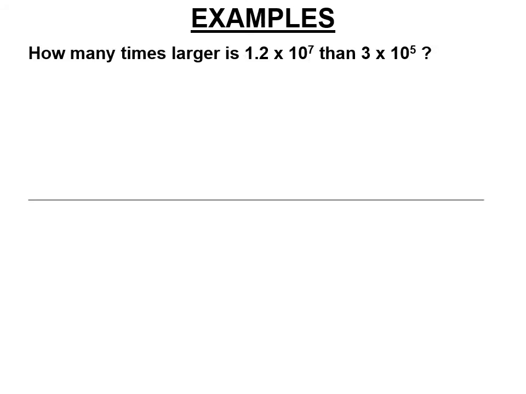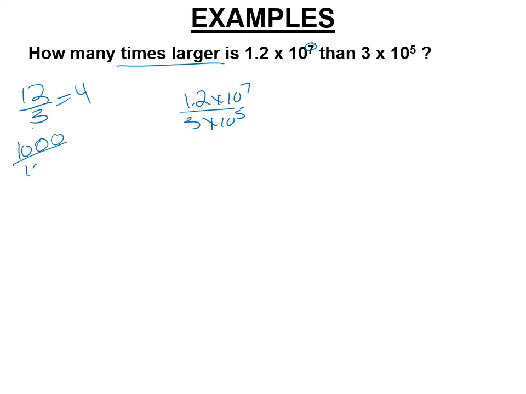All right, how many times larger is, so whenever you see this times larger business, this is a division problem. And you put the bigger number up top, the one with the bigger exponent, and the smaller number on the bottom, right? It's like, if I said how many times larger is 12 than 3, you'd say 4 times, 12 divided by 3. Same thing here, right? How many times larger is 1,000 over 100?